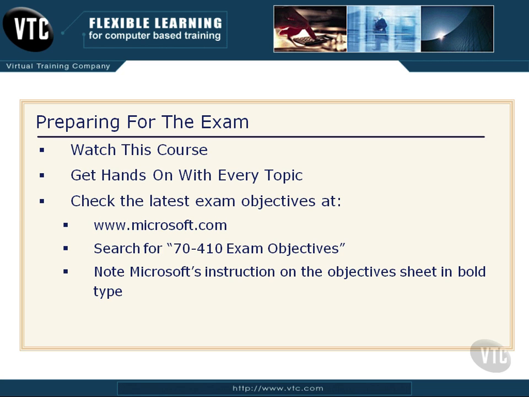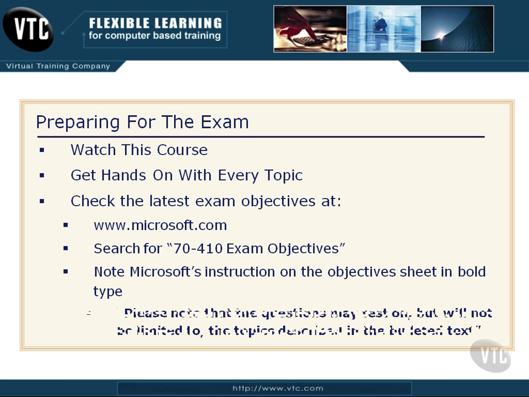No, you're not. What I'm covering here are the things that have historically been very important, the things that are major, that they are absolutely 90% positive they're going to cover in some form. But do keep in mind, Microsoft varies the test questions, they vary the structures of these exams. The big thing is, I want you to notice Microsoft's very own instructions on the objective sheet in bold type: Please note that the questions may test on, but will not be limited to the topics described in the bulleted text.